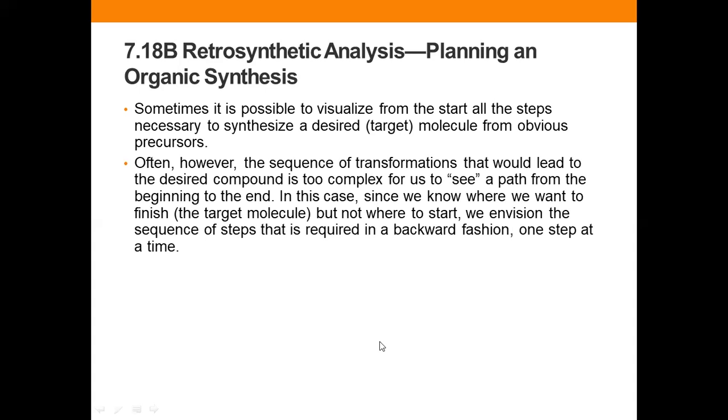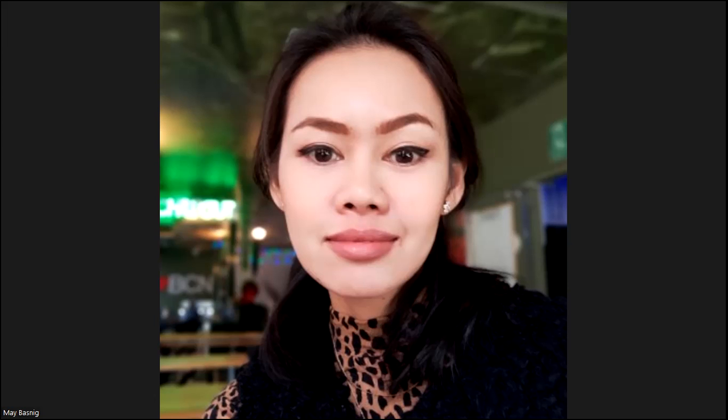In this case, we know where we want to finish, what our target is, and where we start. Earlier, I mentioned that if we are asked what your product is, you have to know the structure, and you have to know the structure of your starting material. So the structure is very, very important. You really have to draw if you want to get your product.